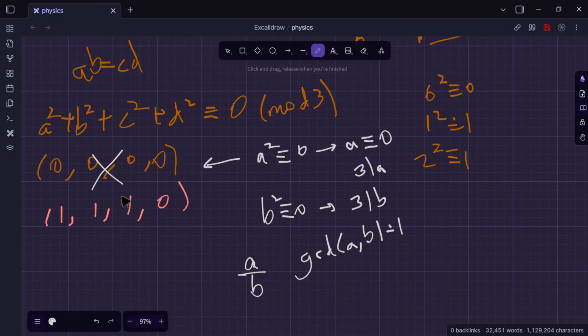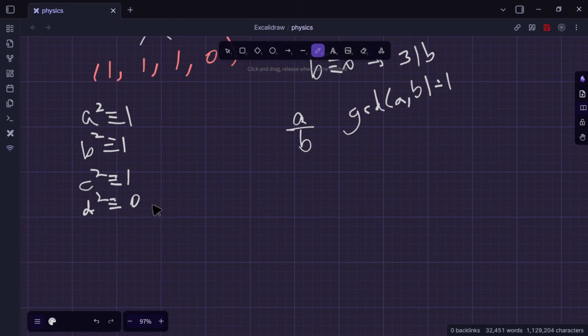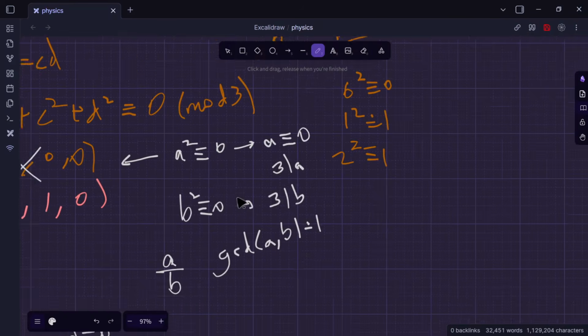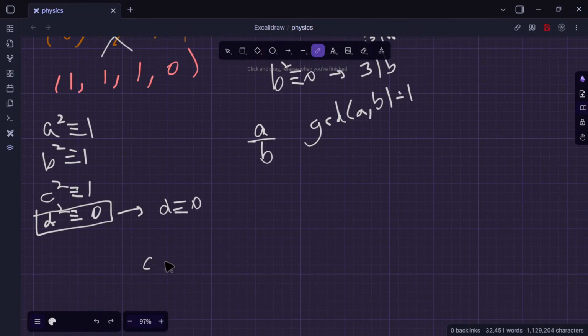So this case is eliminated, and now the case left is A squared congruent to 1 mod 3, B squared congruent to 1 mod 3, C squared congruent to 1 mod 3, D squared congruent to 0 mod 3. D squared congruent to 0 mod 3 means that D is congruent to 0 mod 3, which means that CD is congruent to 0 mod 3.